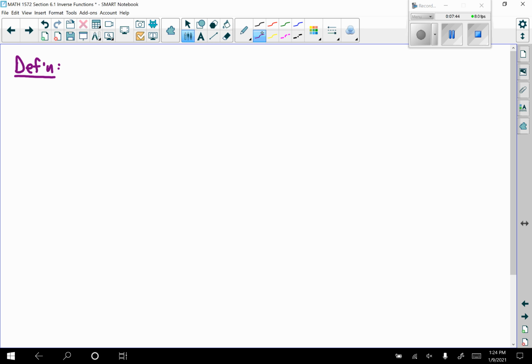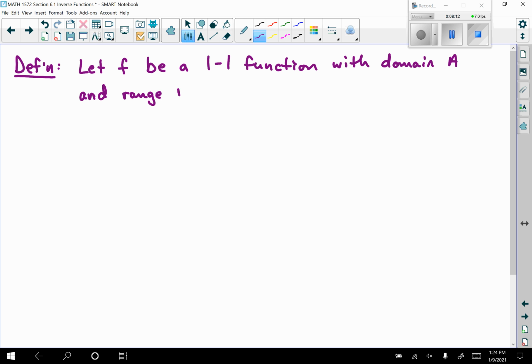So here we're going to write out, we'll just say let f be a one-to-one function with domain A and range B. Then its inverse function, we'll use this notation. That's the notation we use for the inverse function.